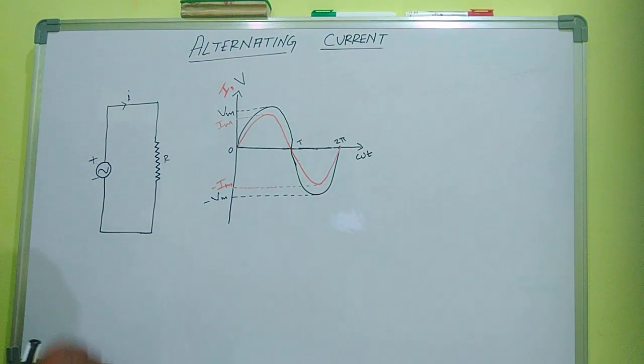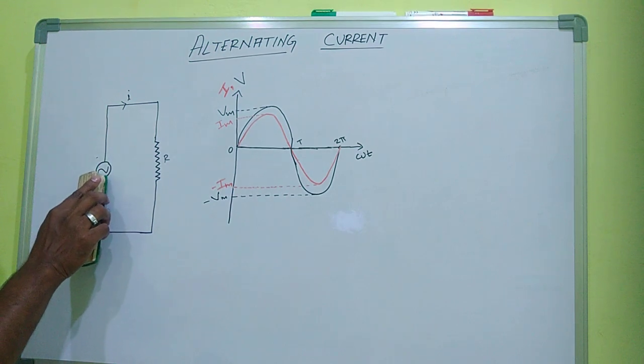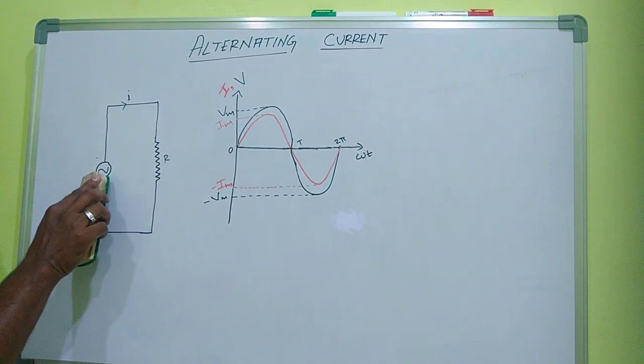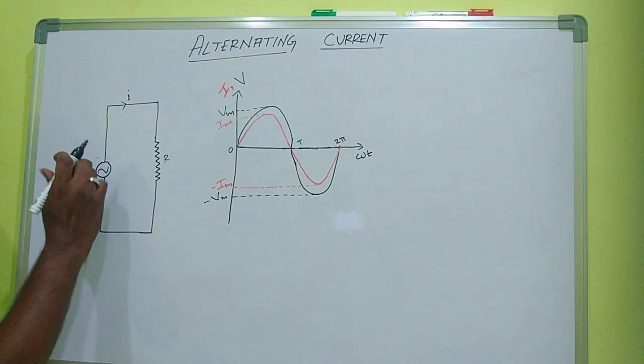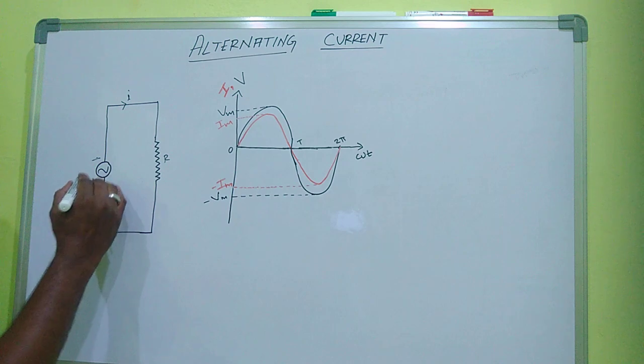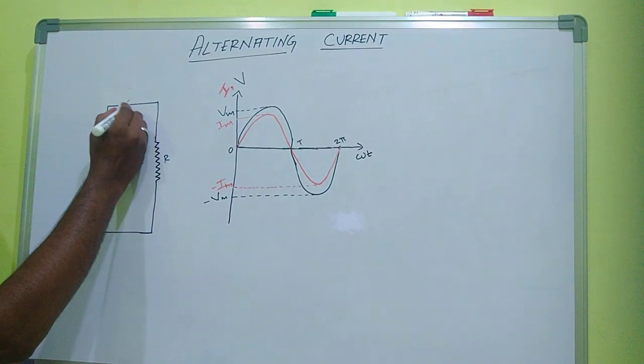In the next half, what will happen? The polarity of the terminals becomes changed. So the upper terminal becomes negative and the lower terminal becomes positive. So the direction of current is reversed.